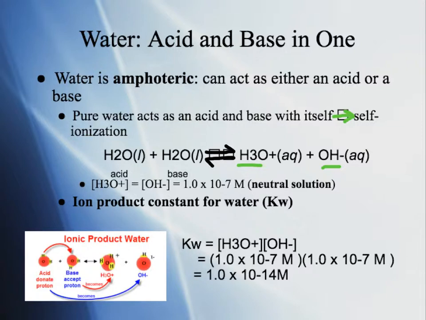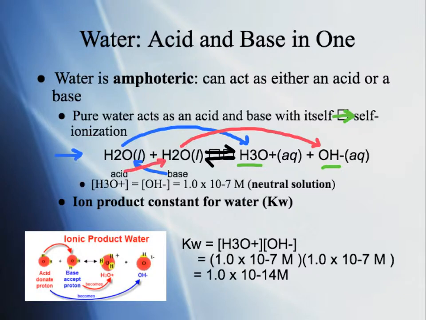So if we take a look at this example here, if we just take A and B, the first and the second water molecule, we can see the first water molecule has taken a hydrogen ion, which means that it's the base, and this water molecule gave away its hydrogen ion, so it's the acid.